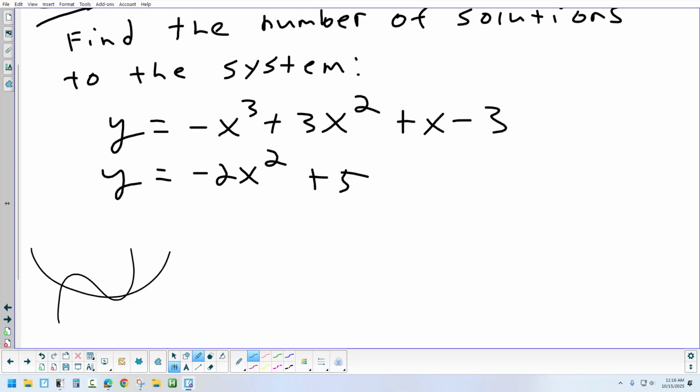I know that these could never cross again out here because a cubic is always going to beat a quadratic in terms of the steepness. So the cubic is going to stay on the inside, and the quadratic, it's not as steep, it's going to stay outside. So there's no way they can cross again over there. These two are going in different directions, so there's no question that they never cross. So I think that's all we got.